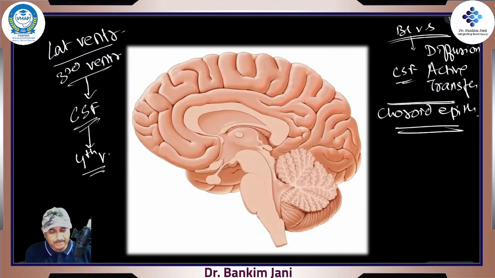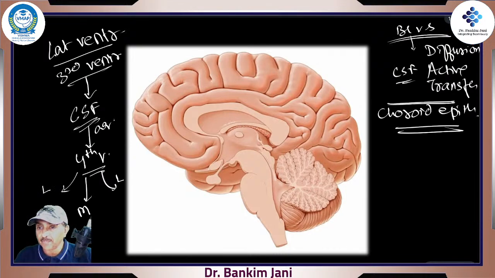So far things are good. From the third ventricle to the fourth ventricle is the aqueduct of Sylvius, which we also saw. But then the lateral and the medial foramina, the foramen of Luschka and the foramen of Magendie, are the points where the CSF enters the subarachnoid space.